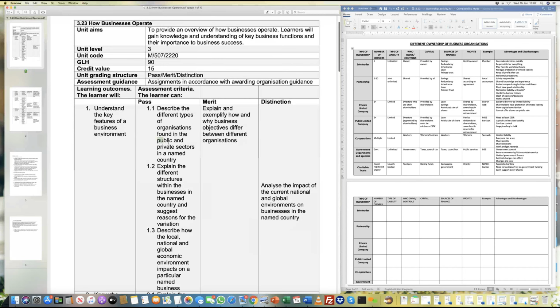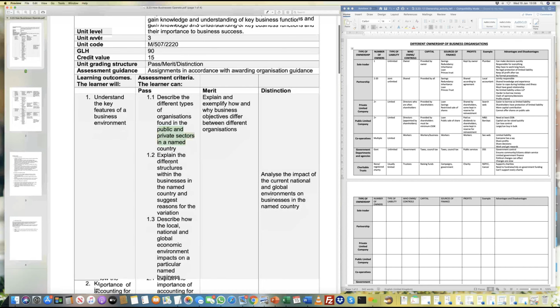Now, we know there are organizations in private and public sectors. So when you look at why we group them as these organizations in these sectors, you look at charities, non-government organizations, and private and public sector organizations. So what we want to be able to do is understand this classification, which is based on the ownership type.